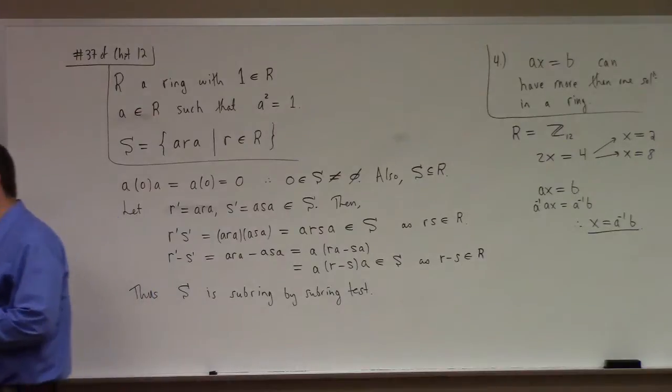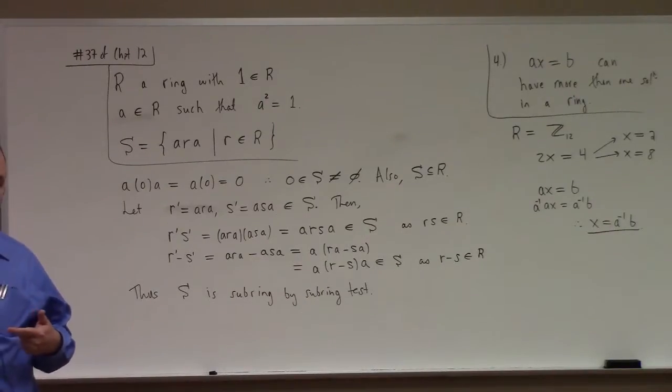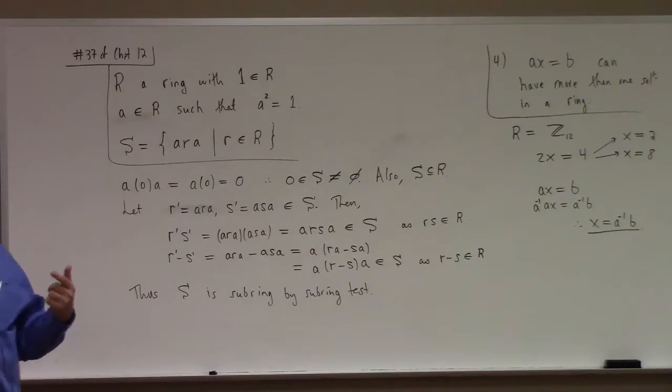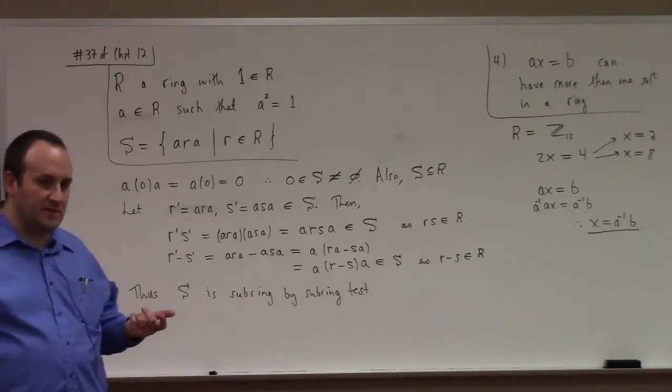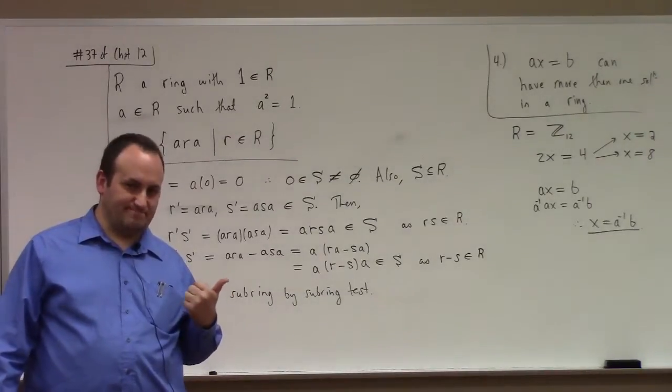Does it have 1? Is 1 in there? There are 2 ways you could understand that question. When he says, is 1 an element of the subring? That's an ambiguous question in my view. Because like the example we looked at in class, the even integers mod 6, 1 was not an element of the subring.